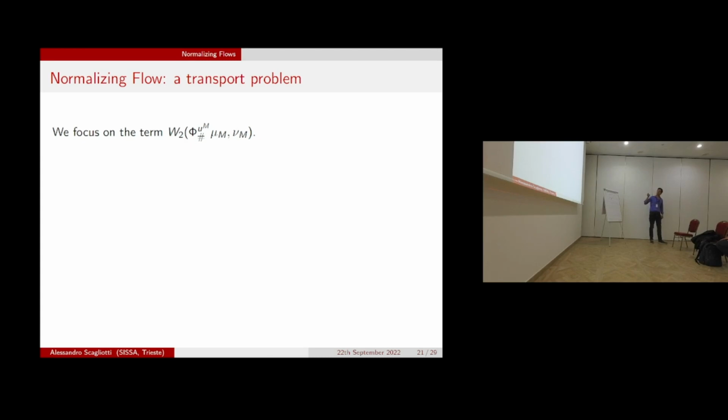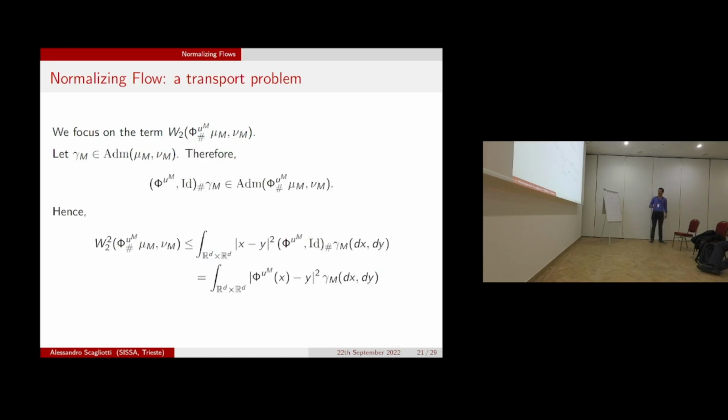In order to deal with this quantity, we should use a little bit the language of optimal transportation, but I don't want to enter into the details now. I'm just telling you that with quite basic computations and quite basic tools of optimal transportation, we can come up with this upper bound. So essentially, this Wasserstein distance can be bounded from above by this quantity.